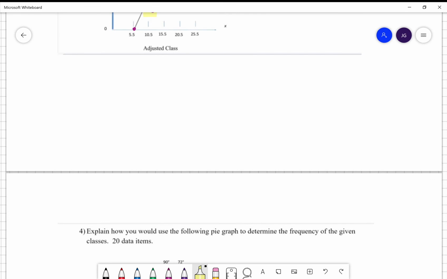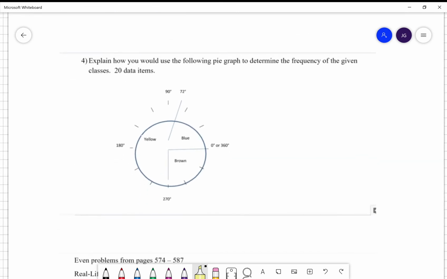Okay. Next example, explain how you would use the following pie graph to determine the frequency of the given classes. And I have 20 data items. Okay, so this was not drawn exactly right. This should be the center of the circle. 72 should come from the center.